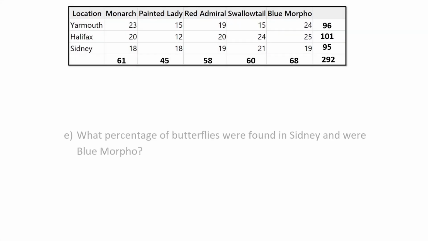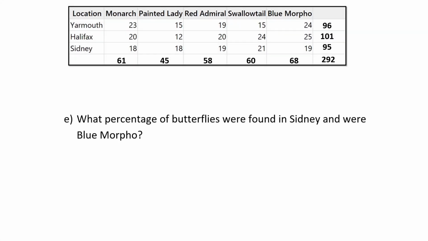Next one, what percentage of butterflies were found in Sydney and were blue morpho? So we're looking at a situation where the word and is in the description of the question. The word and is usually indicating you're looking for a contingency. You're looking for 2 conditions, which is a contingency.